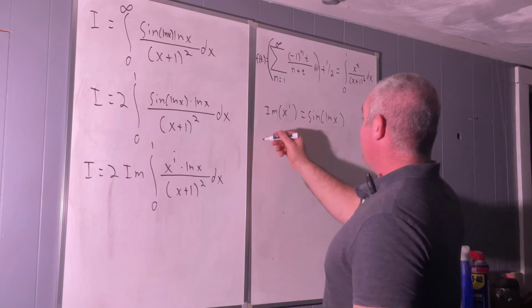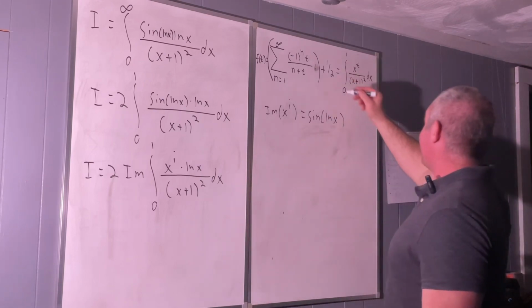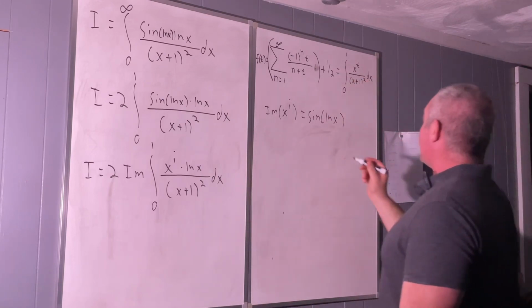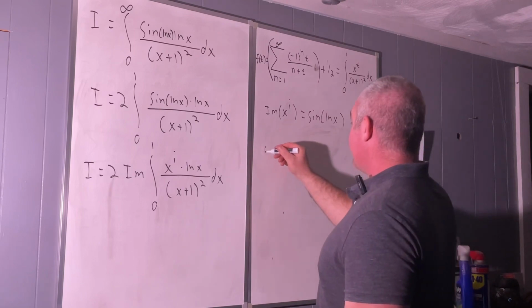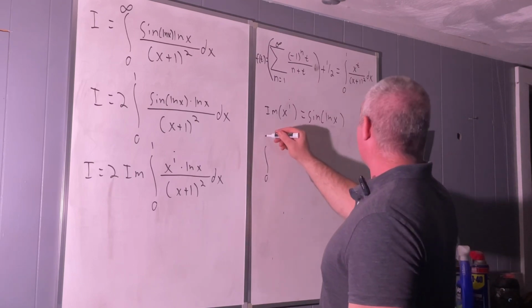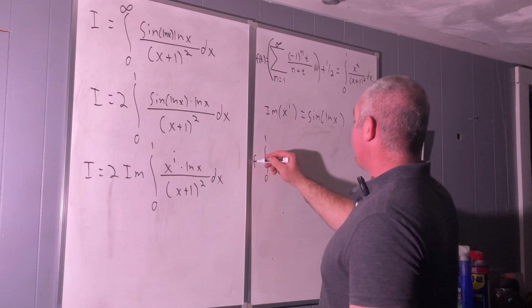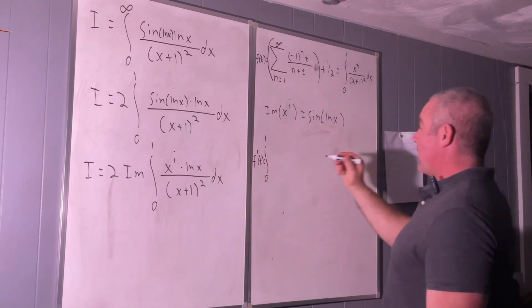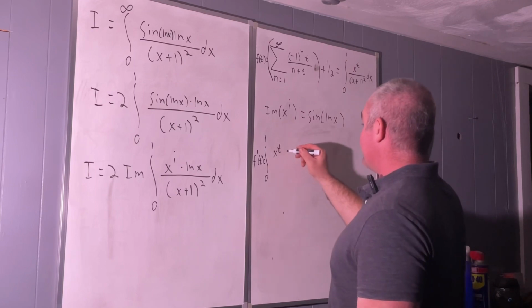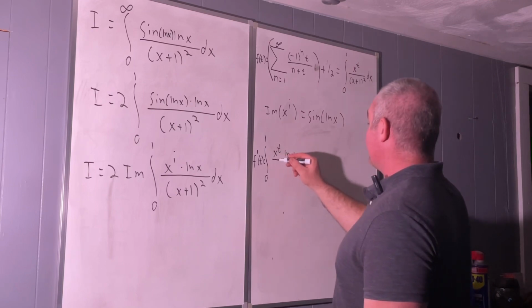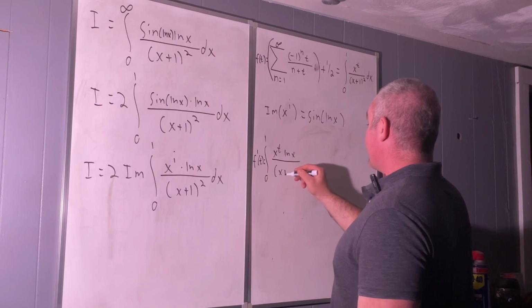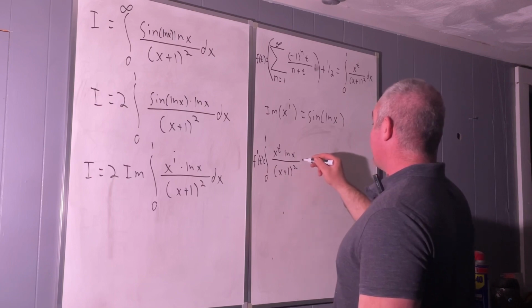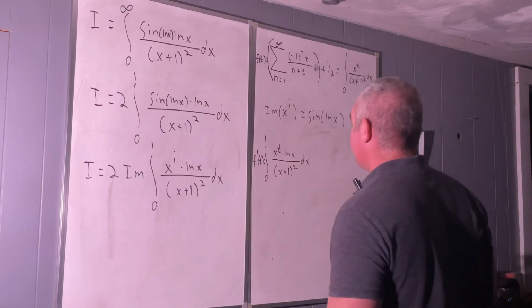Well, our f prime of t as an integral would be the integral from 0 to 1. Sorry, that's f prime of t is equal to the integral from 0 to 1 of x to the t natural log x over x plus 1 all squared dx.